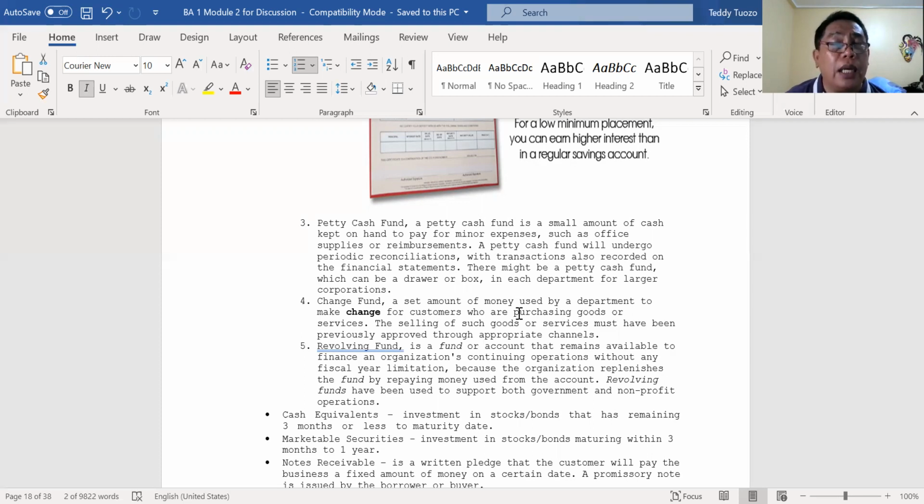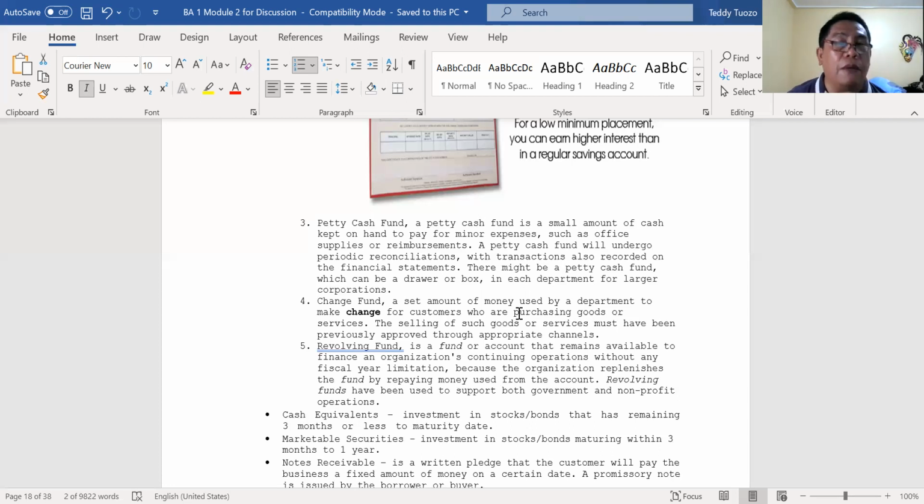For example, it is far from the office, so of course you cannot go empty-handed, so you are given money. And of course, if I issue you a check, would the driver accept a check? No. So it should be out of the petty cash fund of the company or the business. So that is an example of how the petty cash fund is being used.